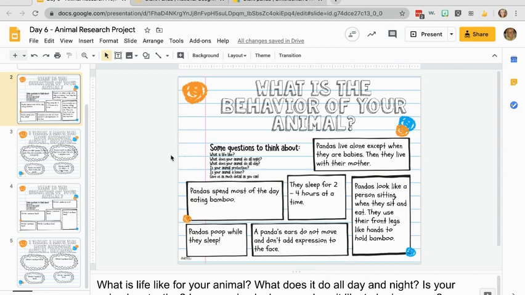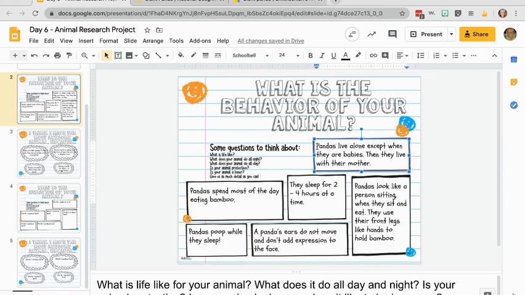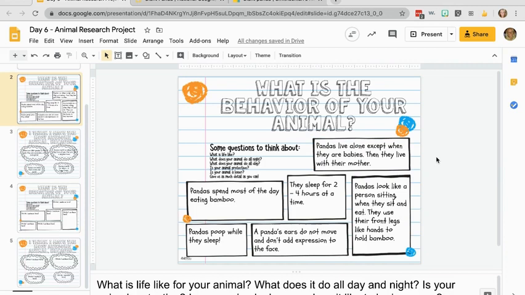But the Smithsonian said that the babies do stay with their mothers for about a year, year and a half. So I'm going to write that here. Pandas live alone except when they are babies. Then they live with their mother. Okay, again, I have 2 sentences, 2 uppercase letters, 2 periods. Got it. Okay, I'm done with that.